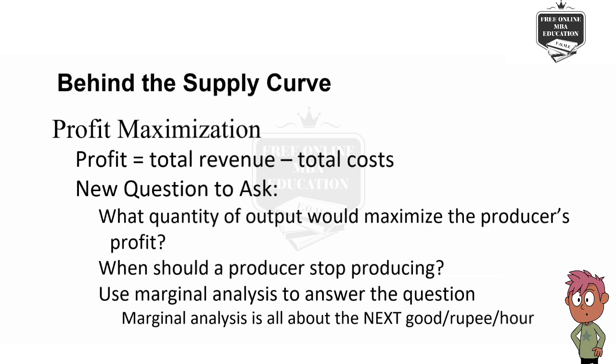And then, when you have these questions, what is important is how you are going to answer them. Use marginal analysis to answer your questions. Now, what was the marginal analysis? It is all about the next good or the next amount that you're going to spend, how much time you're going to invest. Marginal talks about the next best or the very next item, very next cost, or the very next unit.